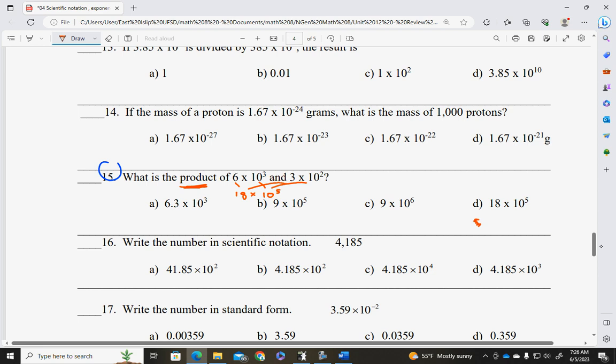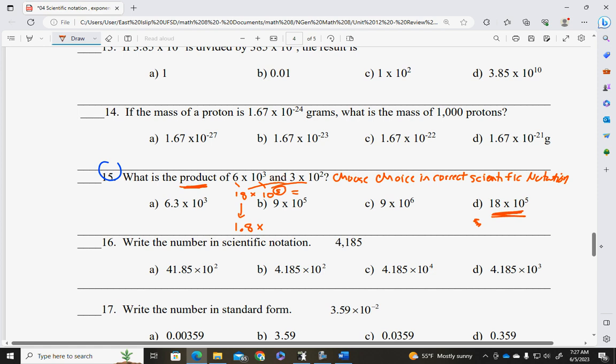On our final exam, it should say choose the choice written in correct scientific notation. And unfortunately, that choice is not here, right? 18 times 10 to the fifth is there, not correct scientific notation. Remember that we need to fix this and write it as 1.8. But if we're going to fix that and write it as 1.8, it means that this exponent has to change.